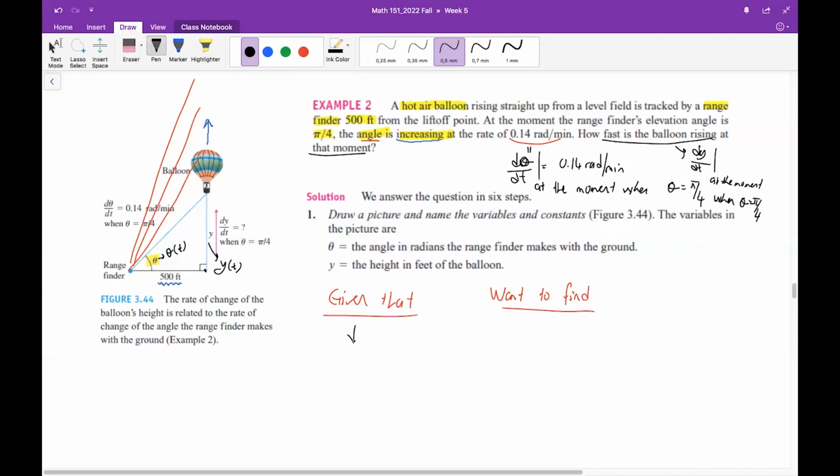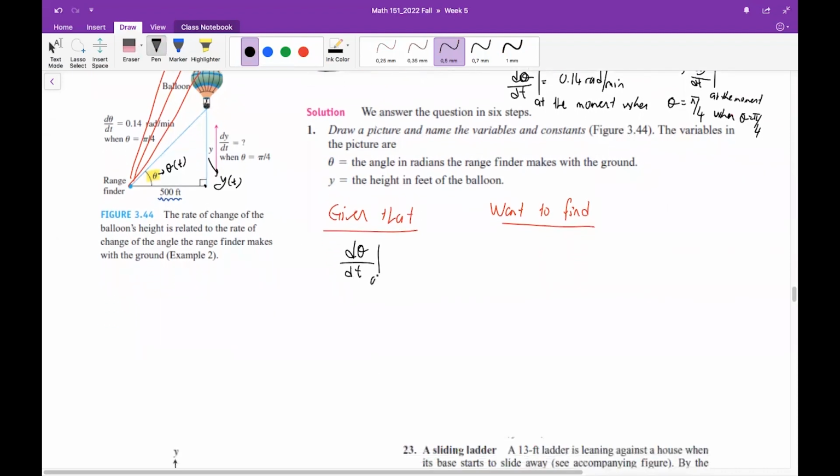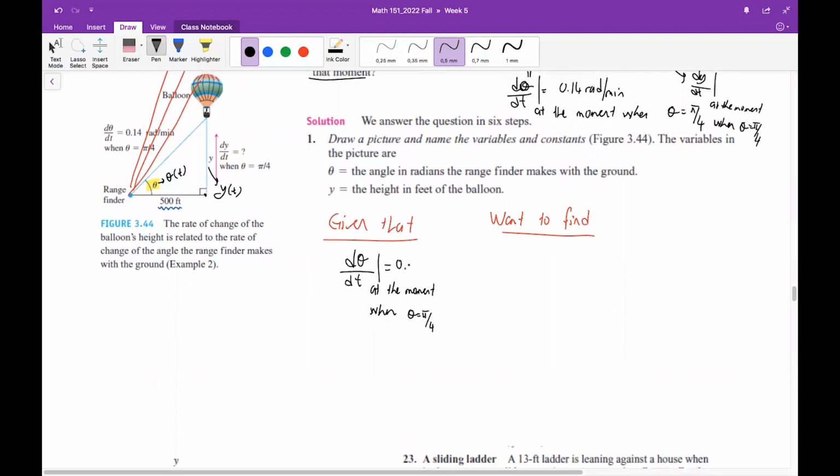Okay, the given information is this: at the moment when theta is pi/4, d theta over dt is given as 0.14 radians per minute. And we want to find dy over dt at the same particular moment. Okay, this is being asked.